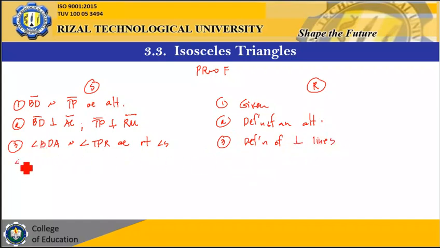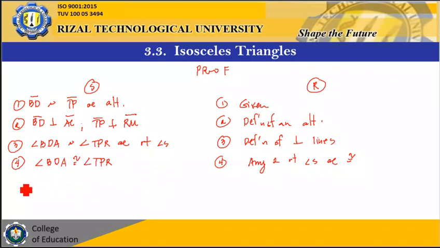Okay, number 4, since we know that they are right angles, we can also say that angle BDA is congruent to angle TPR, and that is because any two right angles are congruent. Okay, so we are done with the information coming from our first given.